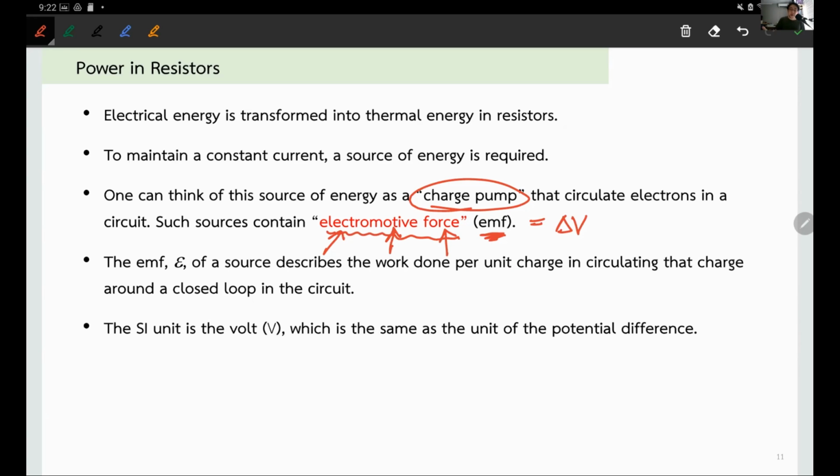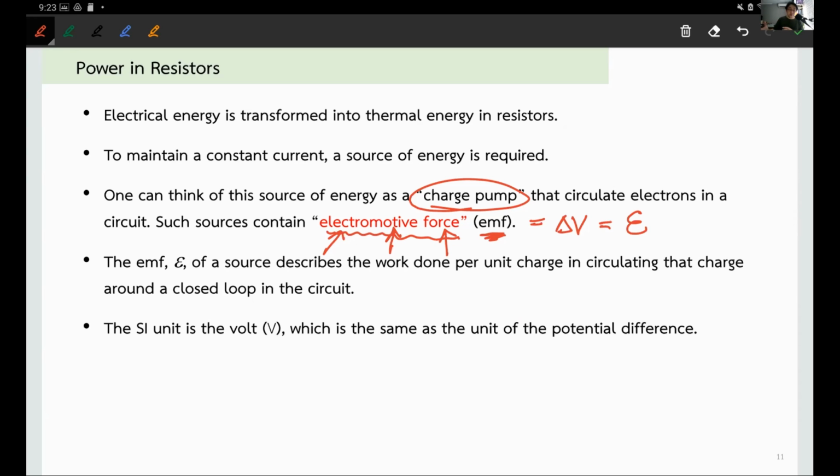Because people still use electromotive force, sometimes they put the notation E as the source of the potential difference. You can use whatever you like, but in the back of your mind, you know that what you need is just a potential difference being generated. Once there is a potential difference, the charge can flow, something can move. That's the first part of it.